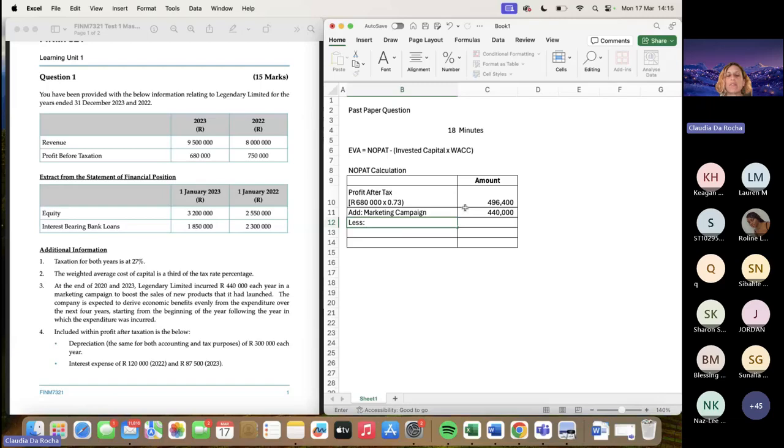Because if I'm saying this marketing campaign has economic benefits, it means that I'm going to amortize it over the period.